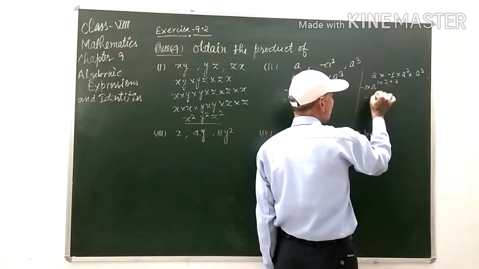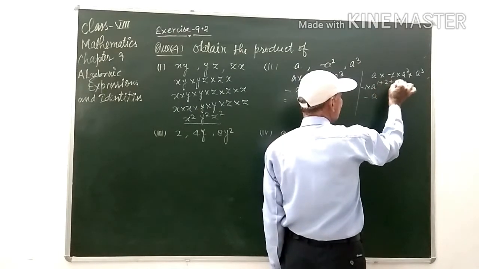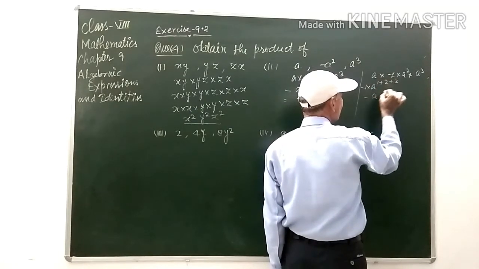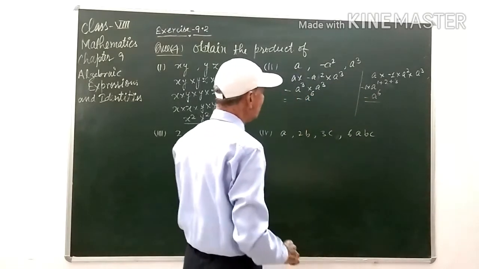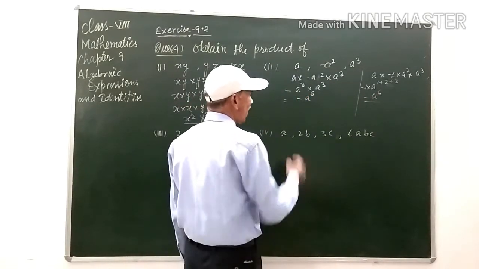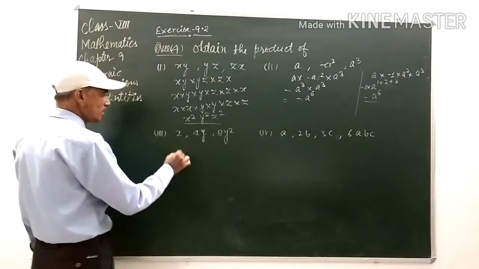So minus 1 into a, minus a to the power 3, 2, 1, 3 and 3, 6. Clear, students? So this one is minus a to the power 6 here.